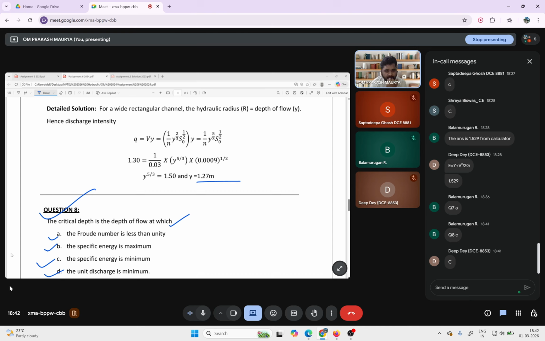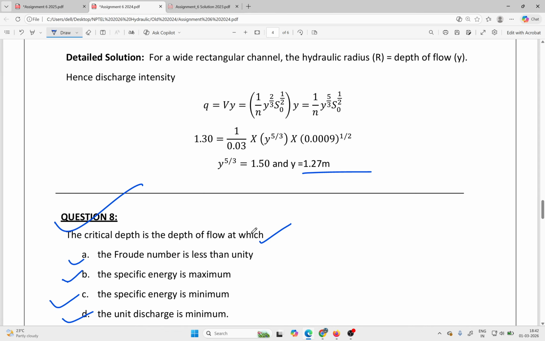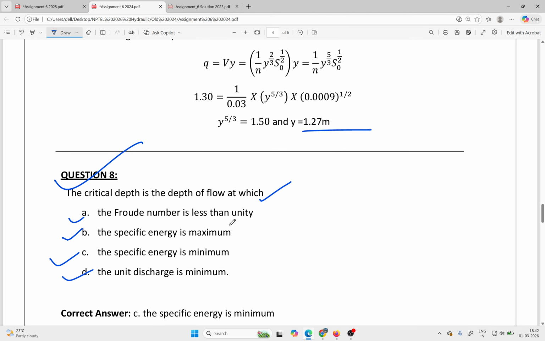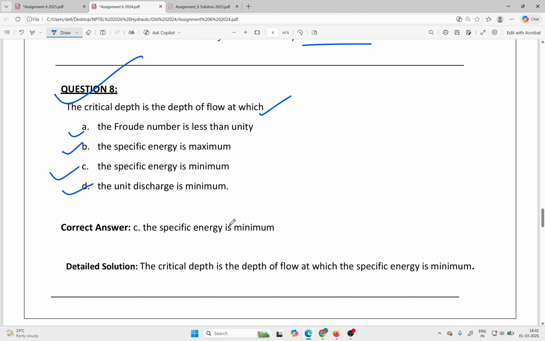Bala is telling C, Deep is telling C, okay, so you are telling option C. Yes, option C is correct here. I'll not wait more. The critical depth is the depth of flow at which the specific energy is minimum. Okay, nice.